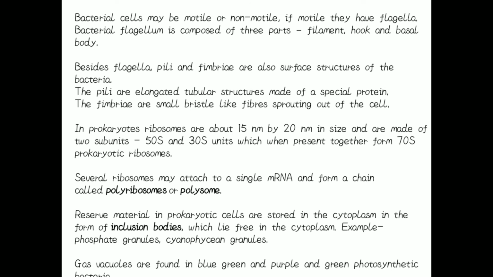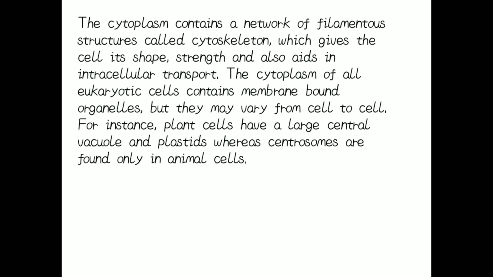Gas vacuoles are also found in blue-green algae for the purpose of photosynthesis. The cytoplasm contains a network of filaments called the cytoskeleton, which gives shape and strength to the cell.